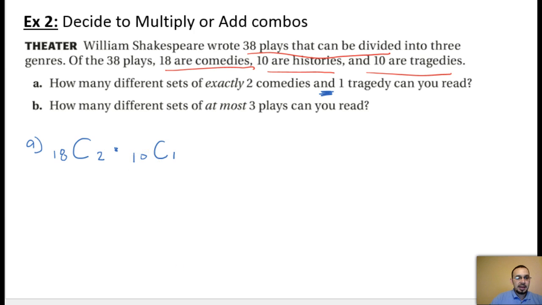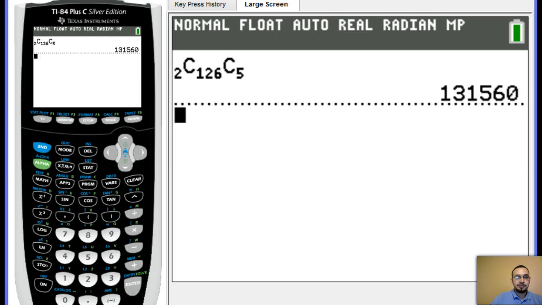So again, to multiply that out, you can just go on your calculator. And we can do the exact same thing. We go to 18. I'm going to choose to read 2 of them. Now you can also get out of that and put your multiplication sign.